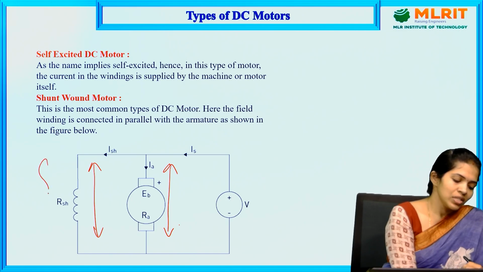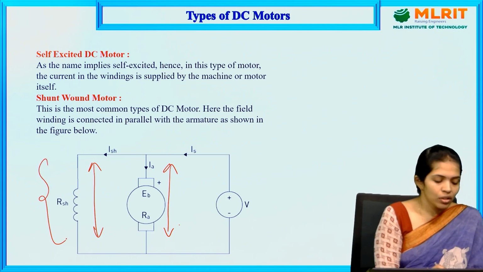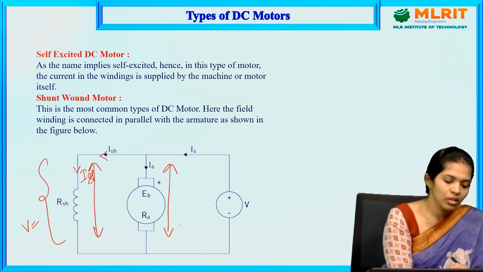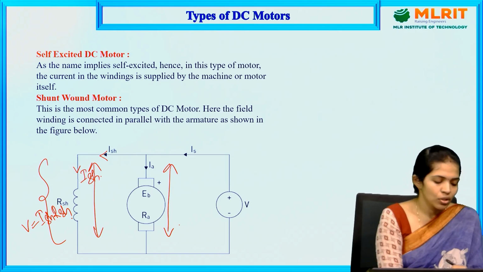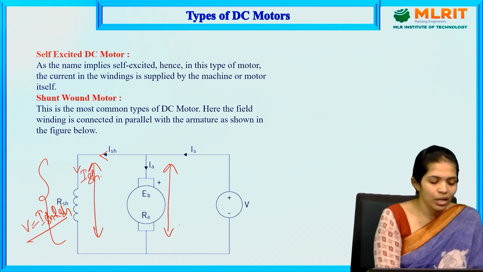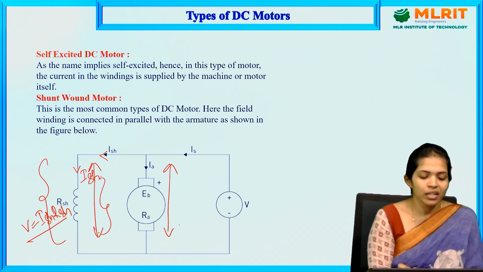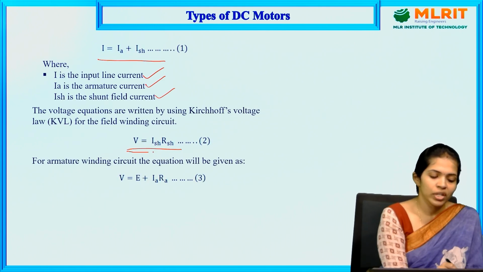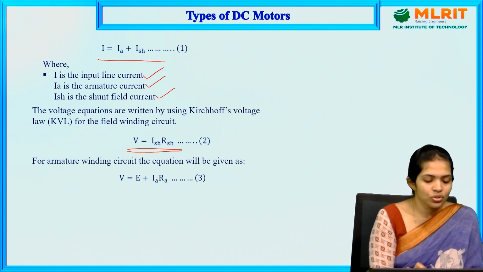So the voltage across the shunt part of the machine is given by the current flowing in the shunt part, ISH, multiplied by the resistance of the field winding, RSH. This is the voltage which appears across the shunt field winding in the DC shunt motor.